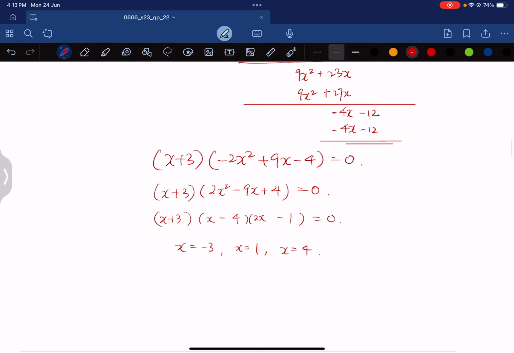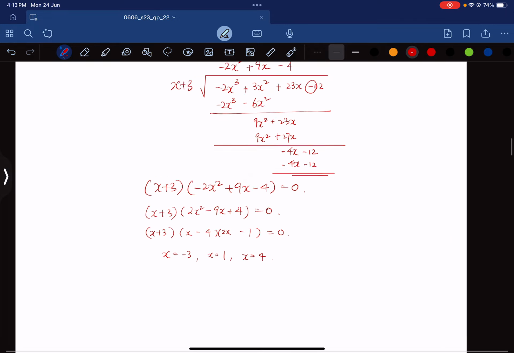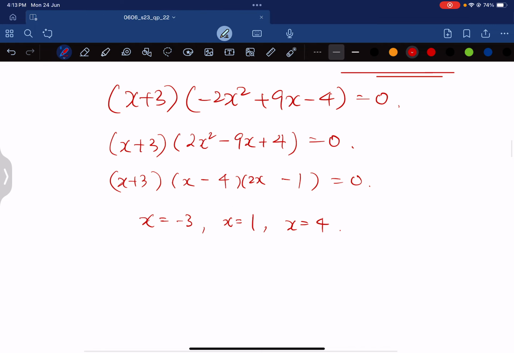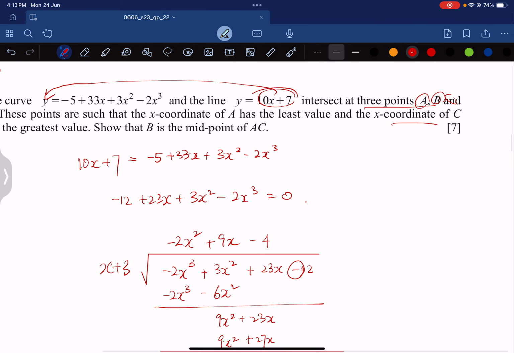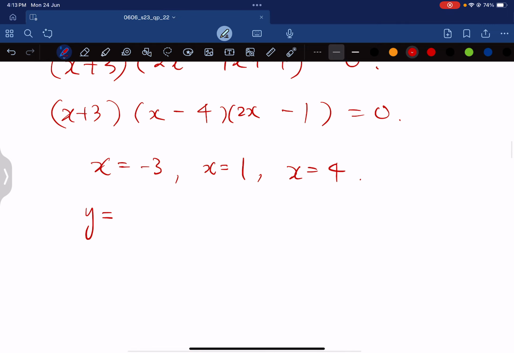Which means the corresponding y coordinate would be 10 times x plus 7. So 10 times x plus 7, so negative 23. So this is A. A is on the leftmost, it's the leftmost point.